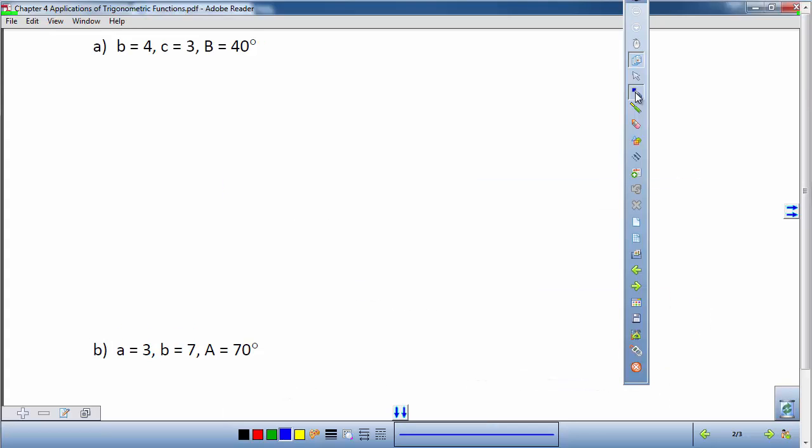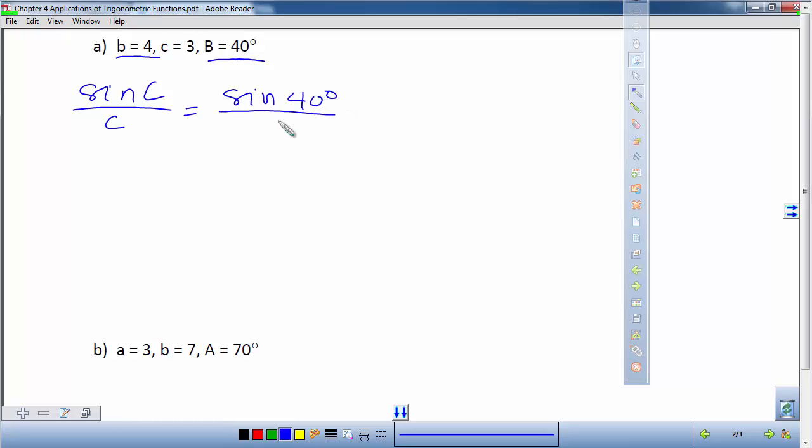So I've got side B, angle B. So I'm going to start with sine C over C is equal to sine of 40 degrees over 4. Okay?